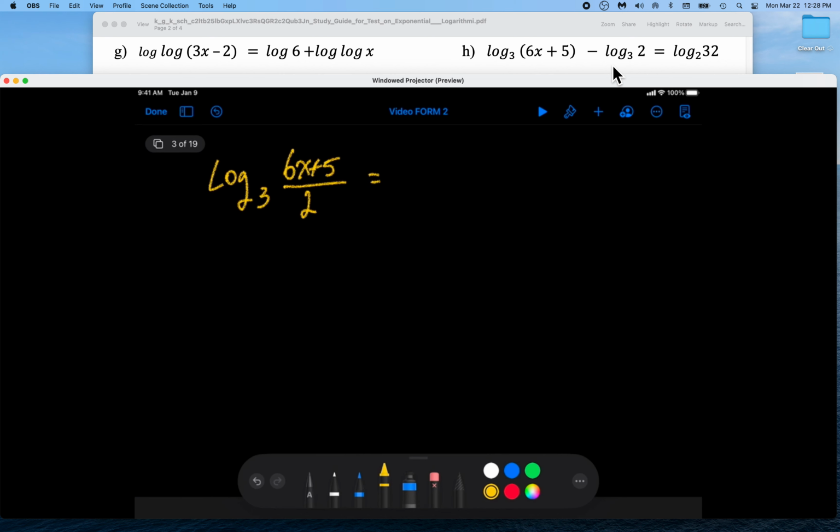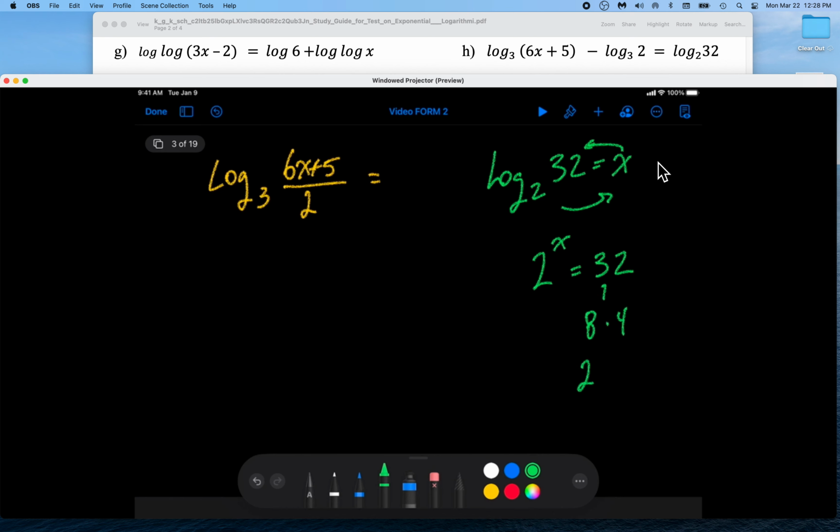Now we're going to set that equal to the opposite side of the equation, which I believe we can evaluate. So let's look separately at log base 2 of 32, set it equal to x. We do whirlybird. 2 to the x equals 32. We know that 32 is 8 times 4.